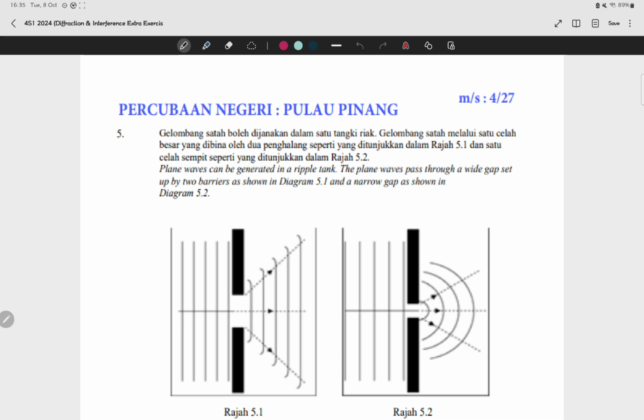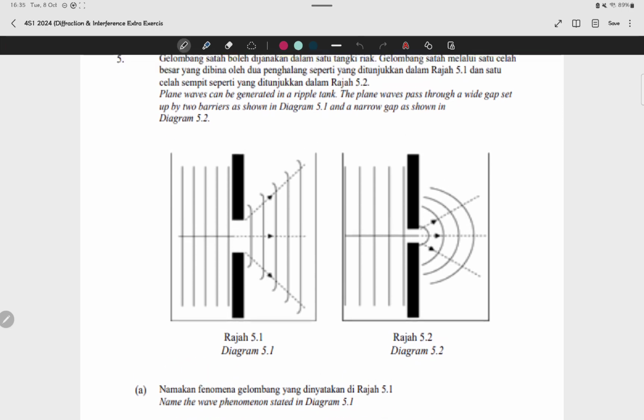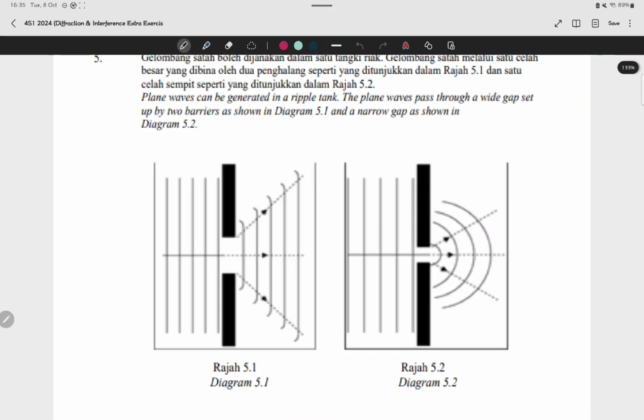Plane waves can be generated in a ripple tank. The plane wave passes through a wide gap and also a narrow gap. So here it shows. From the diagram, we can see that in 5.1 there is less obvious diffraction. 5.1, less obvious. 5.2, more obvious.